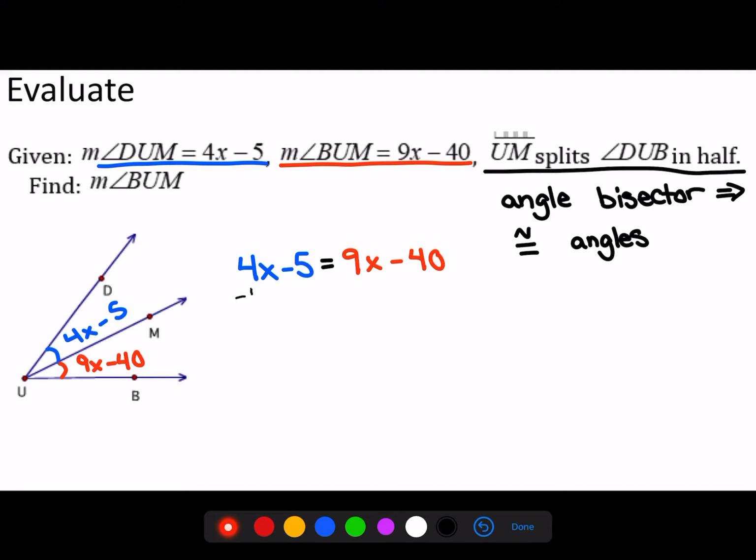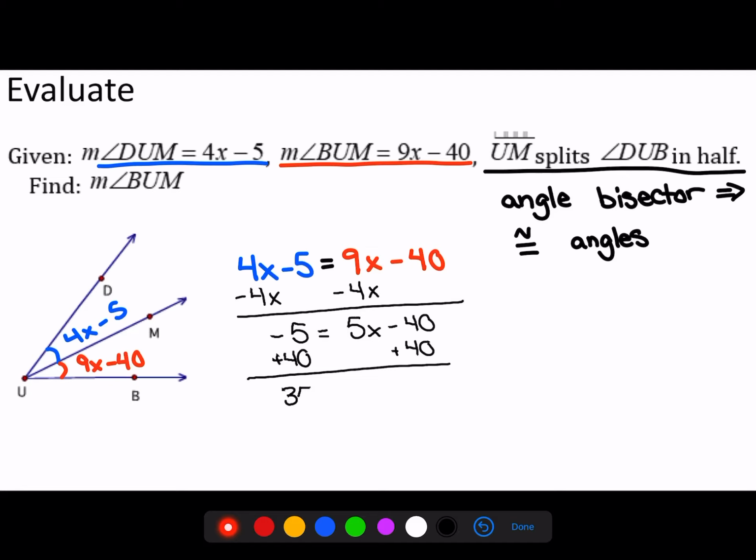I can do that by subtracting 4x from both sides. That will leave us with negative 5 equals 5x minus 40. From here, I add 40 to both sides, which will leave me with 35 equals 5x. And then lastly, dividing both sides by 5, we find out that x is equal to 7.